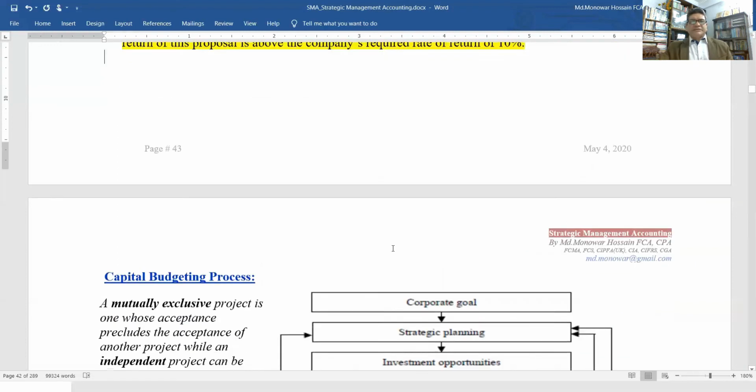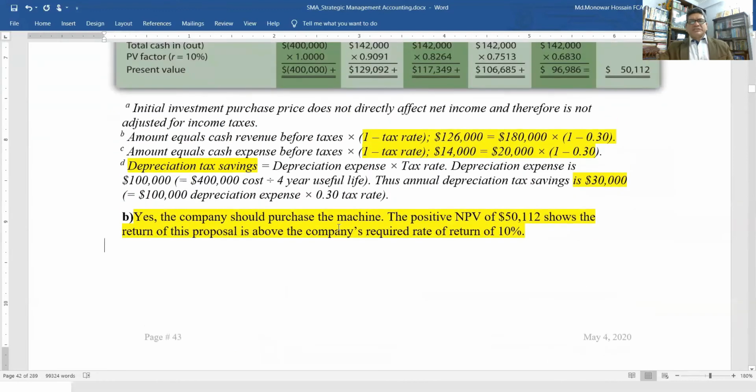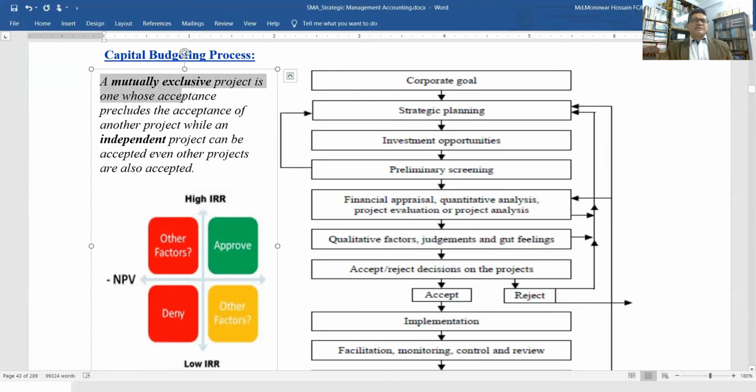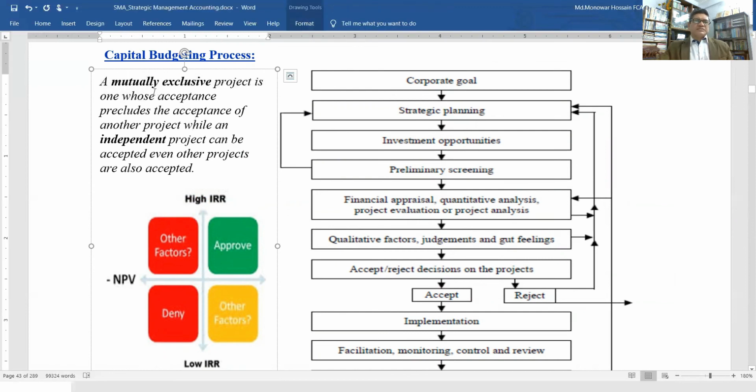So I think today's project is the capital budgeting process. In the capital budgeting process, a mutually exclusive project is one whose acceptance precludes acceptance of another project, while an independent project can be accepted even if other projects are also accepted.